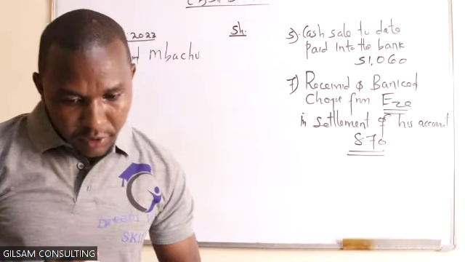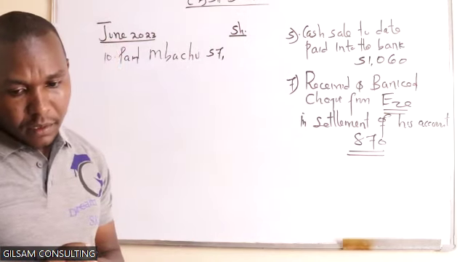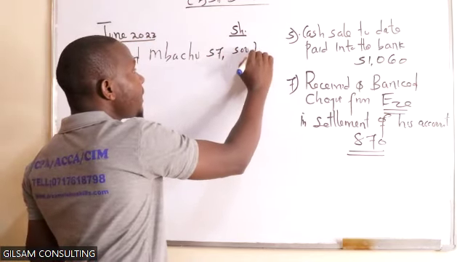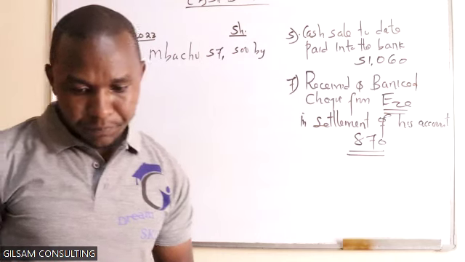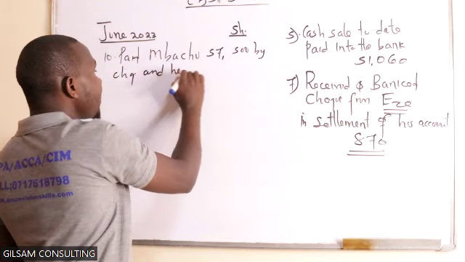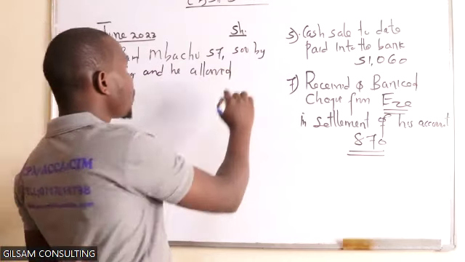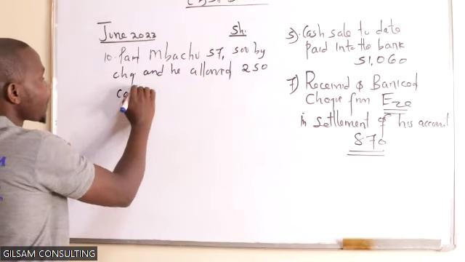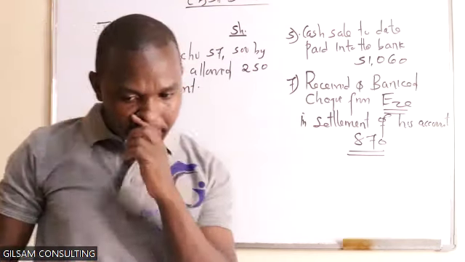We paid 57,500 by check, and he allowed 250 cash discount.